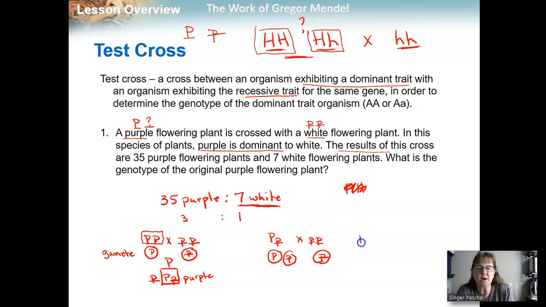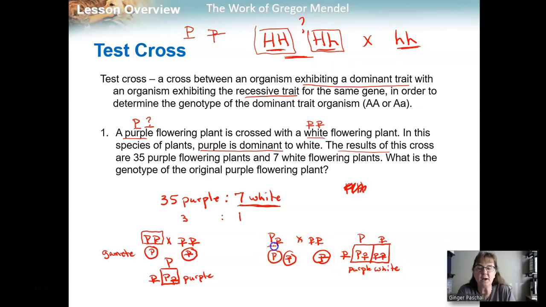So for this Punnett square, I'd have a capital P and a lowercase p for this parent, and a lowercase p for this parent. And when I fill in my Punnett square, we can see this way we have the probability of getting white offspring and purple offspring.